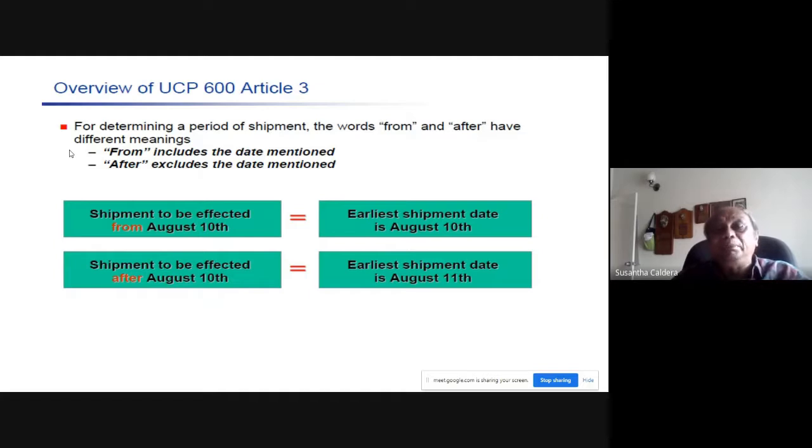For determining a period of shipment, the words from and after have different meanings. From includes the date mentioned and after excludes the date mentioned.